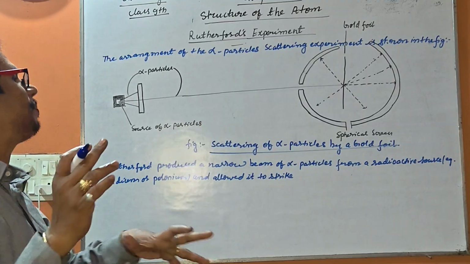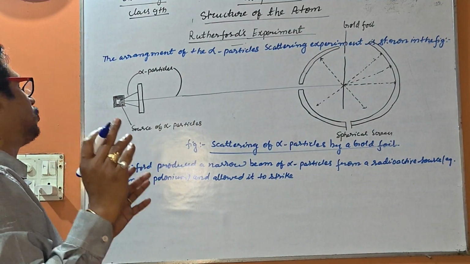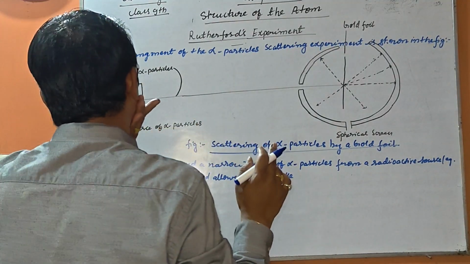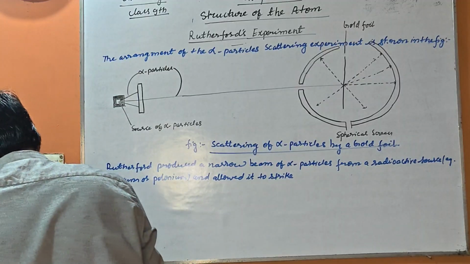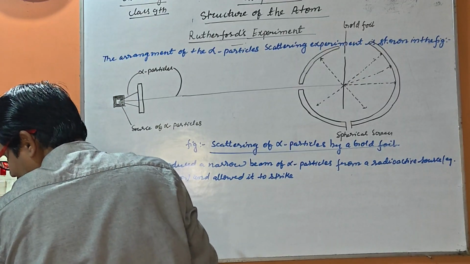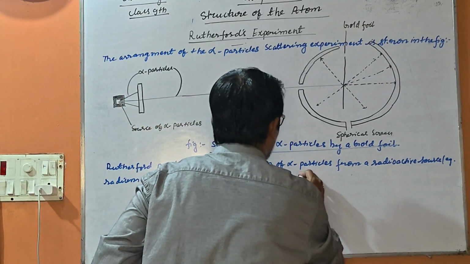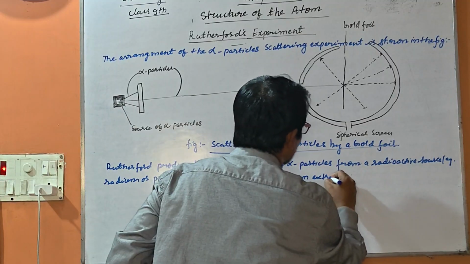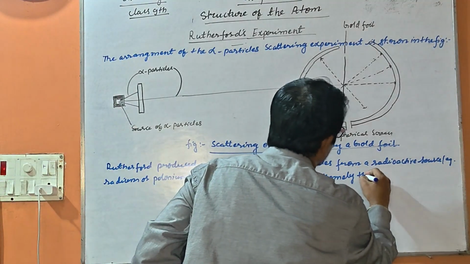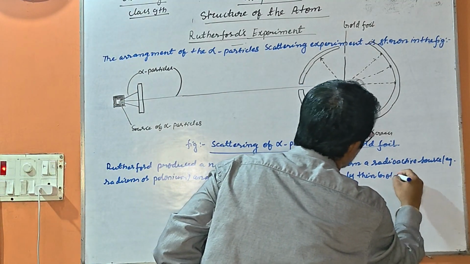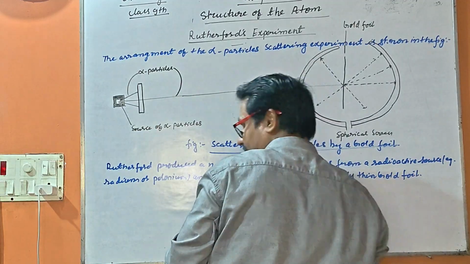Rutherford produced a narrow beam of alpha particles from a radioactive source, for example radium or polonium, and allowed it to strike an extremely thin gold foil. Is it clear?